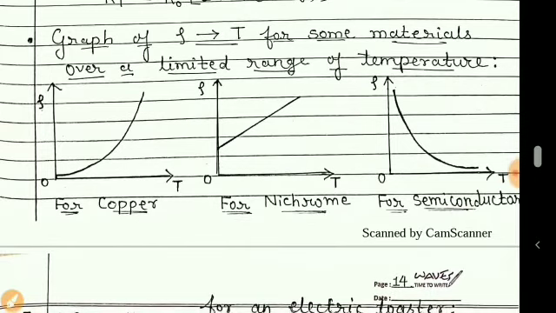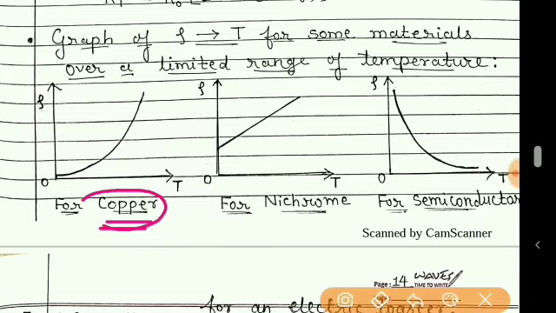Here three examples are given. One is good conductors, that is metals, that is copper is given here. Other is an alloy made up of nickel and chromium, and this alloy is nichrome, and the other is semiconductor.